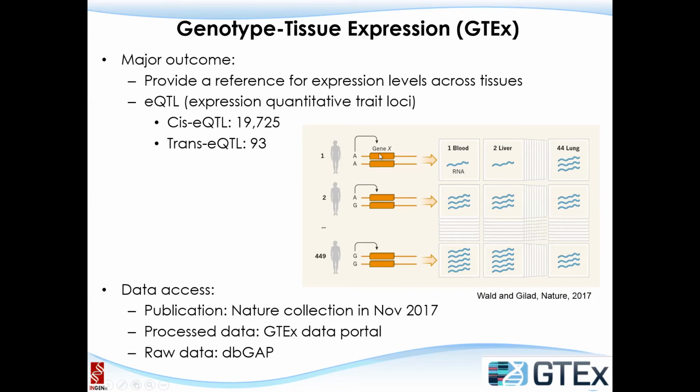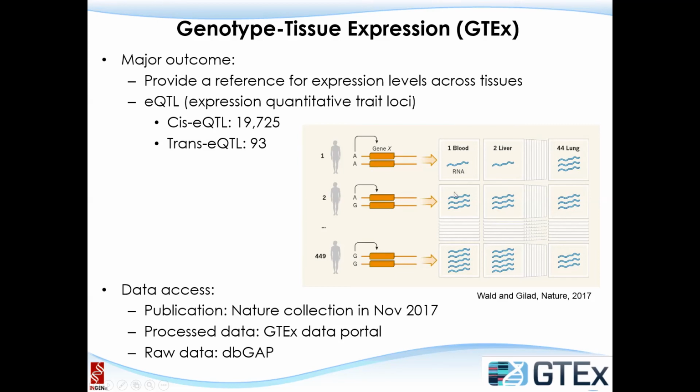But the general understanding is this: for this gene, in the promoter region, these three individuals have different genotypes, right? AA, AG, or GG. These are from the DNA level, so they know the DNA sequence.